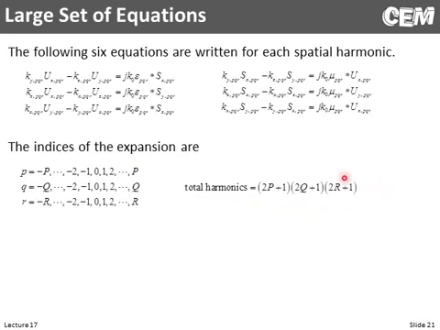So the total number of harmonics in our expansion is 2 times this capital letter P or Q or R, plus 1 because we pass through 0. So we have a lot of harmonics, potentially.